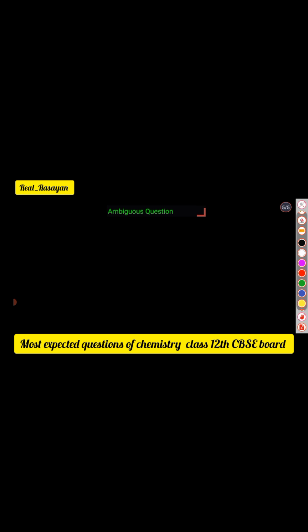Now an important reaction, that is CH3 C(CH3)2 Br, tertiary butyl bromide, with sodium methoxide. Then you have to complete the reaction. In this reaction, first of all you have to go with charge separation.